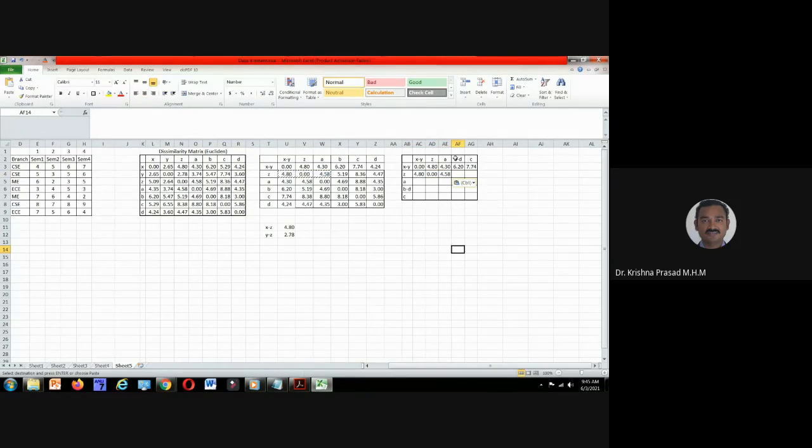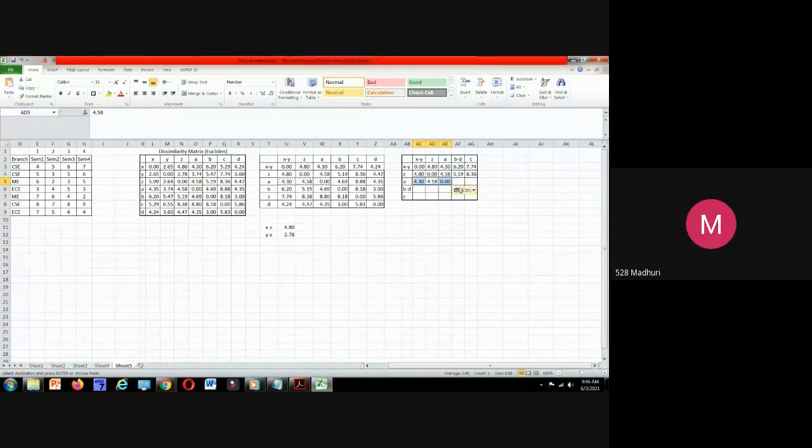Next, Z to B and Z to D. 5.19, sir. 5.19. Z to C, same. 8.36. Right or not? Now A to XY, Z, A. These three are same.